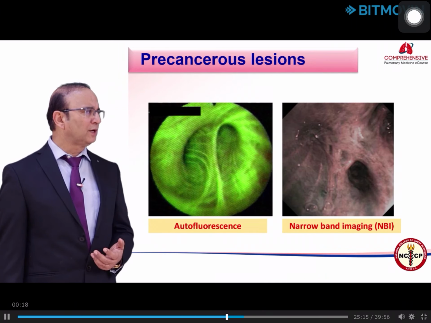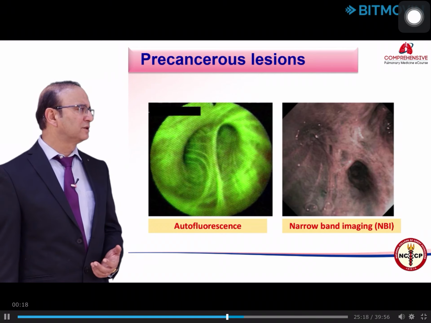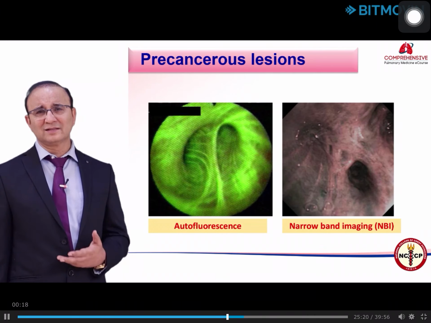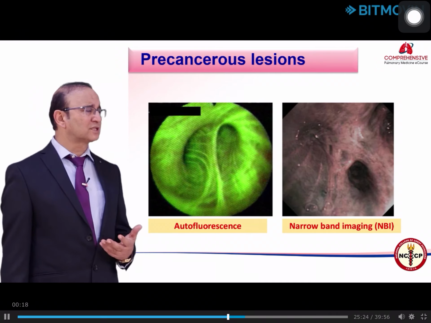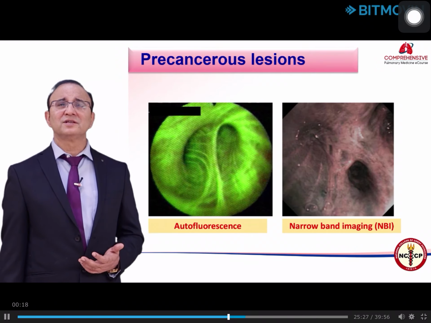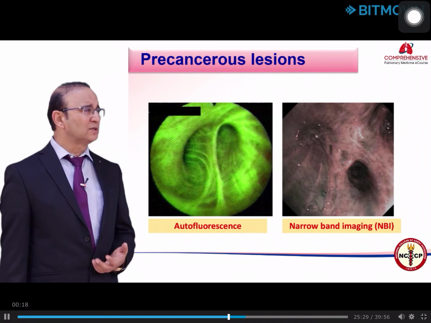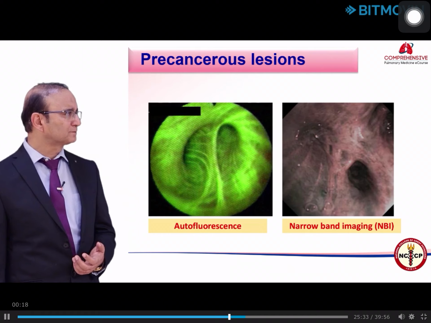Its use for the routine evaluation of precancerous lesions in populations at high risk is really controversial. But this is one of the very important uses. You just change the light and you're able to see the extent of the lesion, whether you see it by fluorescence or by narrow band bronchoscopy.